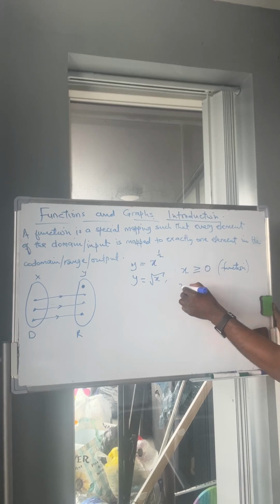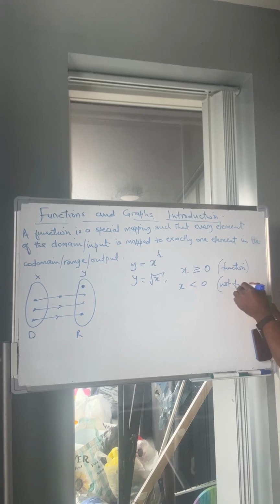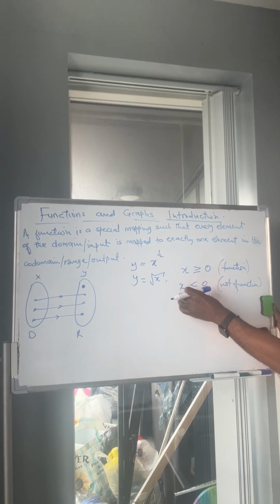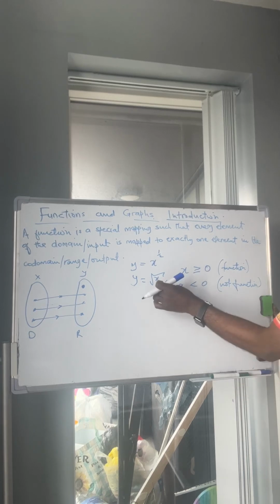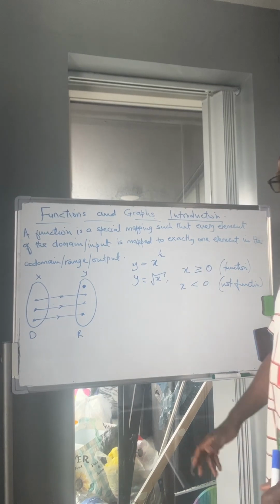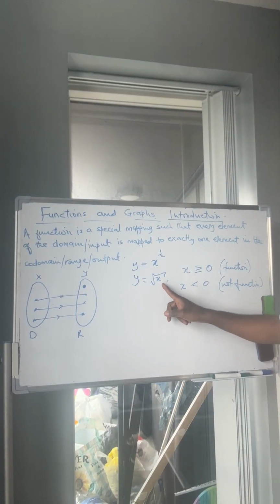But if x is less than 0, it's not a function. Why? Because if x is less than 0, all the values you get will be negative. So that will disqualify you from being a function. That will send you into complex numbers. Well, if x is 0 or greater, and you start getting all positive numbers, then this could be a function.